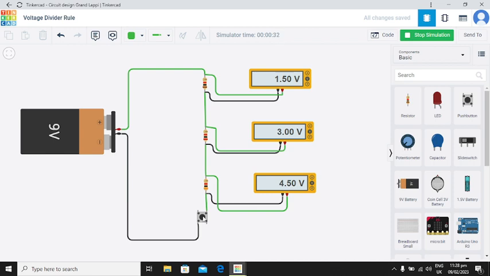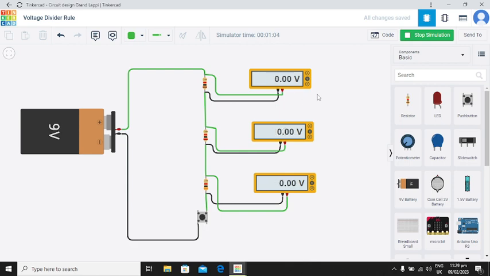So what you have observed, you observed some variation in the voltage across these resistors. The smaller the resistance, the smaller the voltage across that resistor, and across the greatest resistor, you would observe the greatest voltage. So this is simply voltage divider rule.